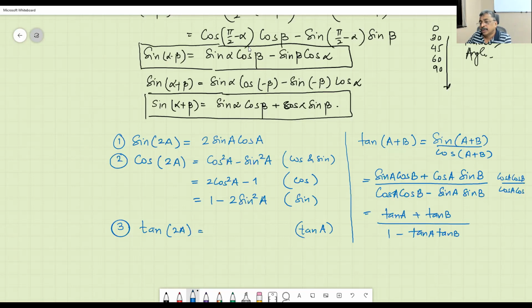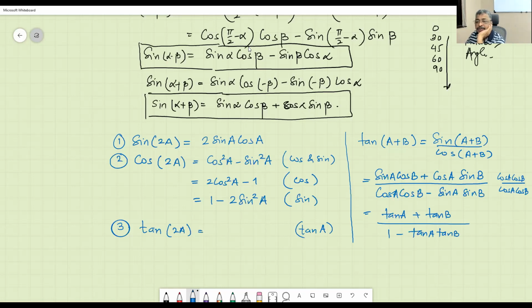This term in the numerator is divided by cos A cos B, and this term in the denominator is divided by cos A cos B. Now, are we allowed to divide by cos A cos B? Yes. A and B are supposed to be good angles, and therefore cos A and cos B are well defined, so we should be able to divide.